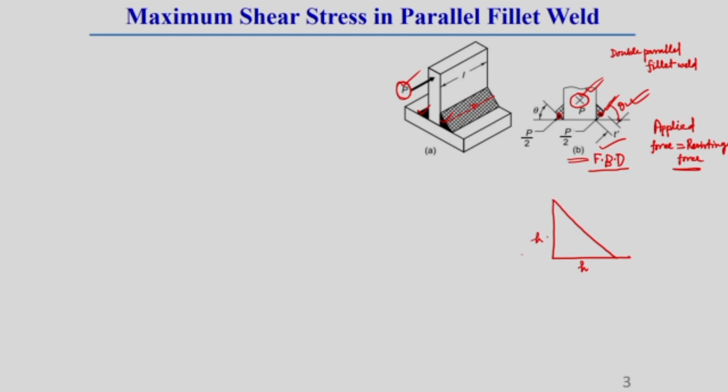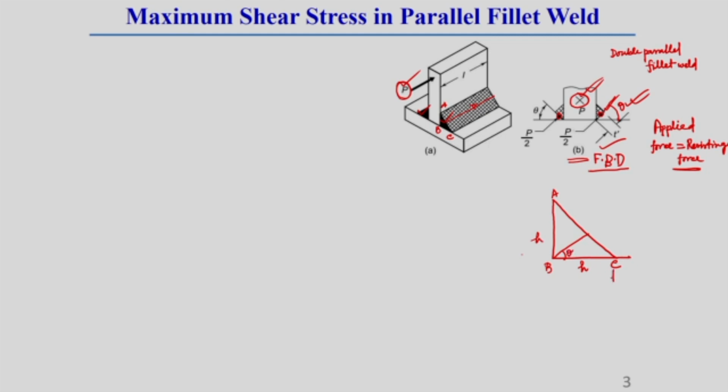Let me represent this fillet as A, B, C. Now, let us consider the plane where this P by 2 is acting, which makes an angle theta with the horizontal axis.